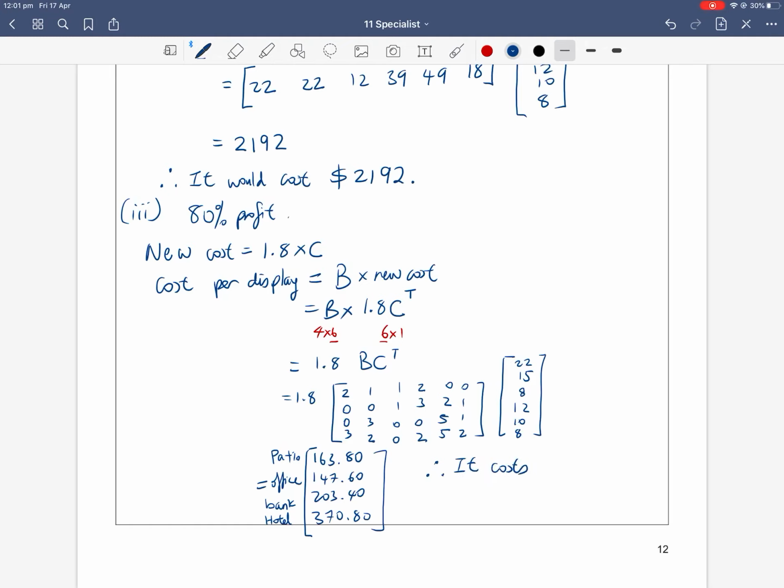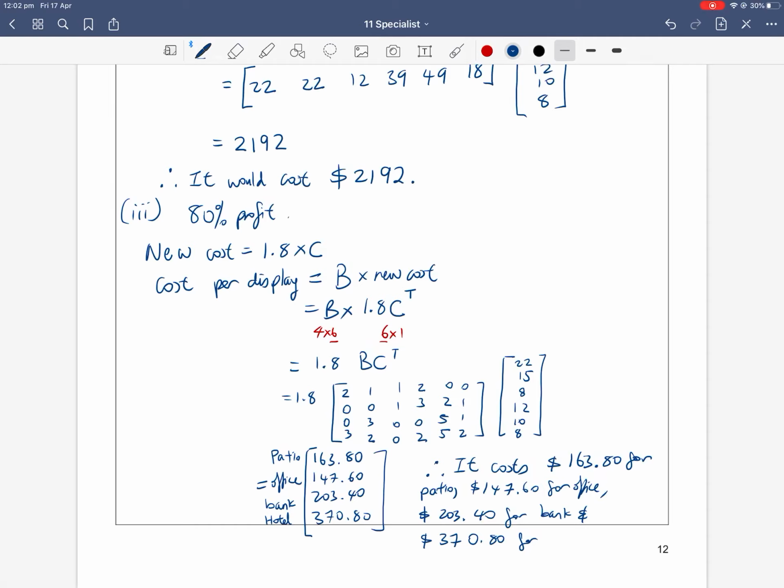So let's finish off with a sentence conclusion. Therefore, it costs $163.80 for patios, $147.60 for office, $203.40 for bank, and $370.80 for hotel.